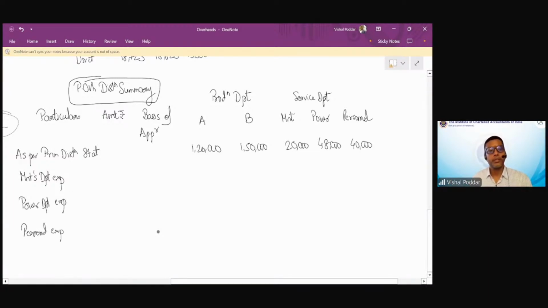Now, what are the bases I'm going to use? I'll mention it here. I'm going to use maintenance hours here. I'm going to use KWH, which is the multiplication of HP into machine hours. And here I'm going to use number of employees. The amount which I'm going to distribute is the amount for that particular department, that is 20,000.